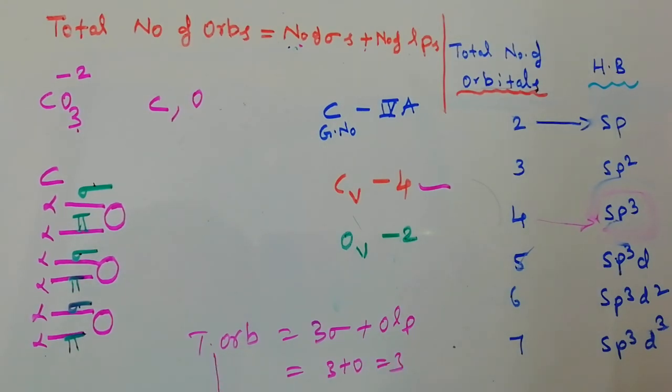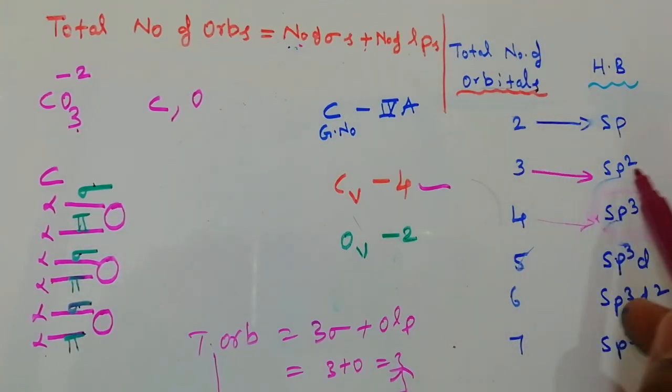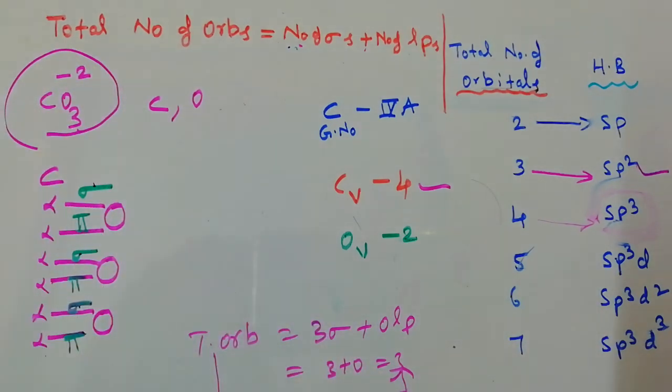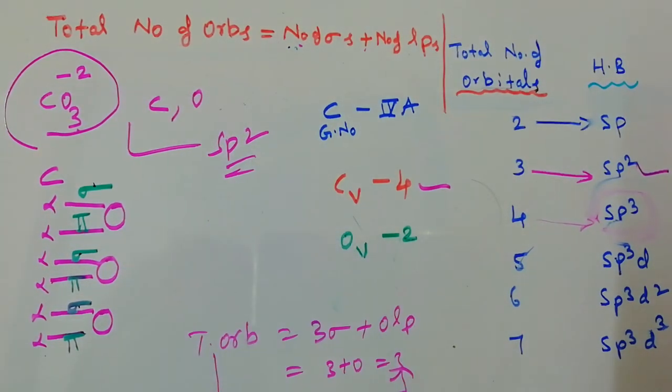So total number of orbitals 3 means what is the hybridization here? Total number of orbitals 3 means that is sp2 hybridization. So the hybridization of this carbonate ion is sp2.